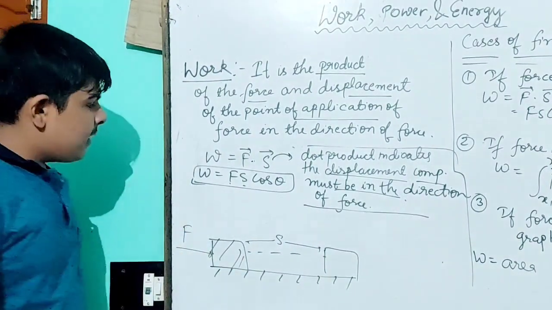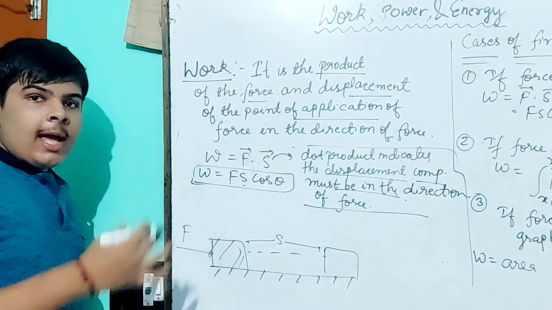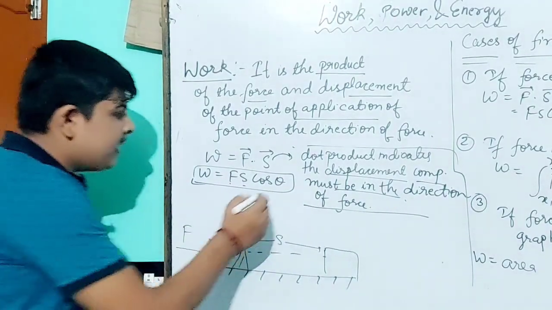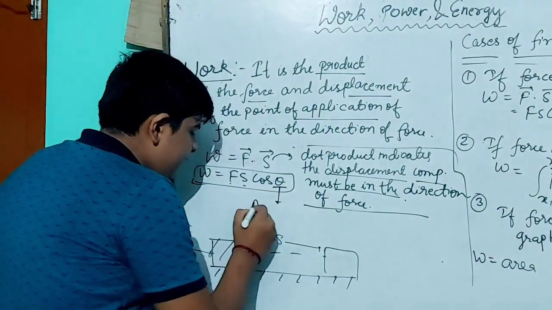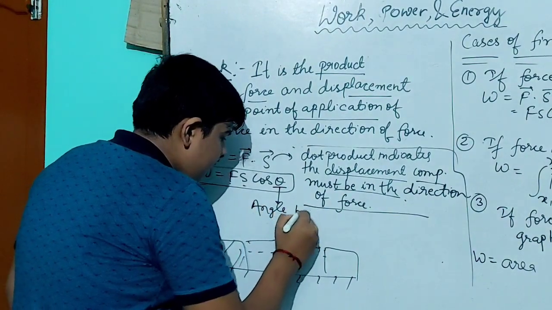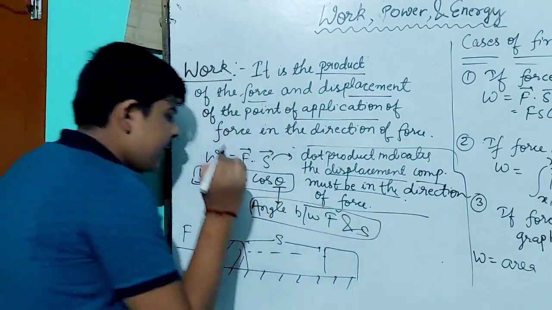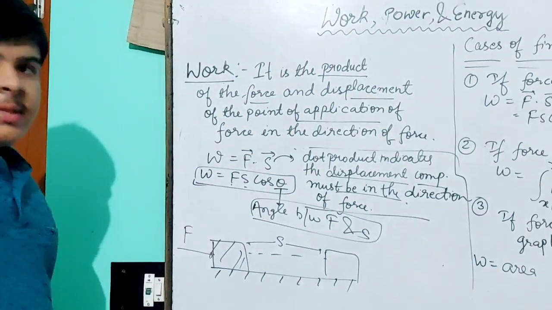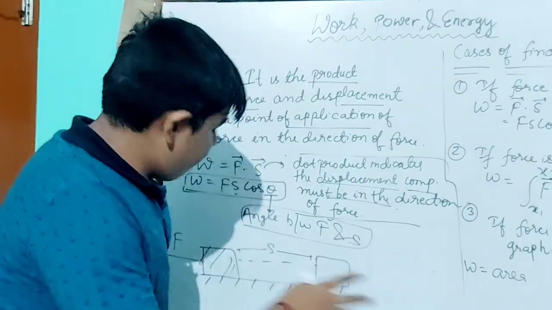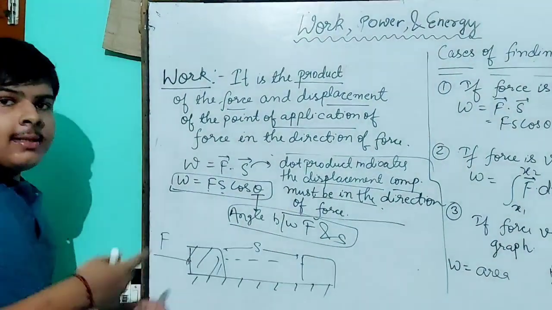So directly we can see theta, that is the angle between the force and displacement. Here theta represents the angle between force and displacement. If we see here, the angle between force and displacement is 0 degree.